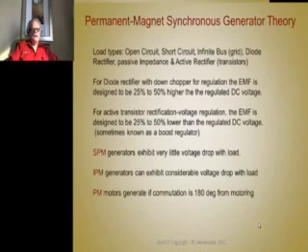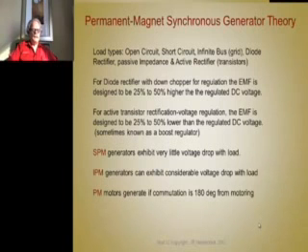There's different load types that generators see. Of course, there's open circuit voltages, then there's short circuit currents, and then the infinite bus, which is like the grid. Then there's diode rectification with passive impedance and active rectifiers.